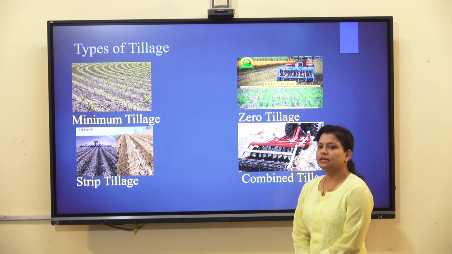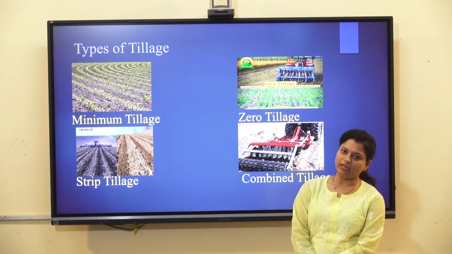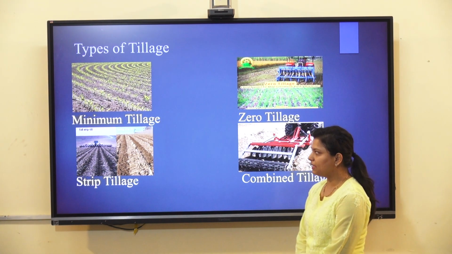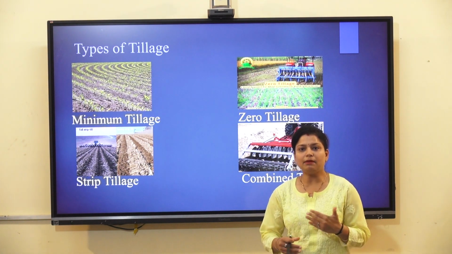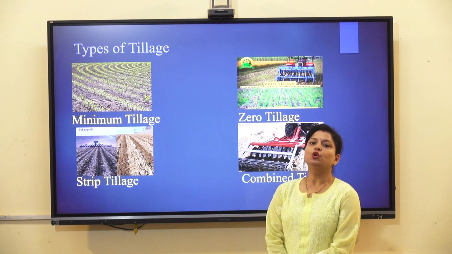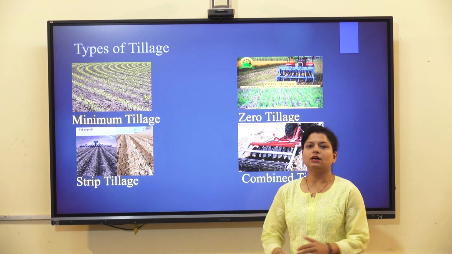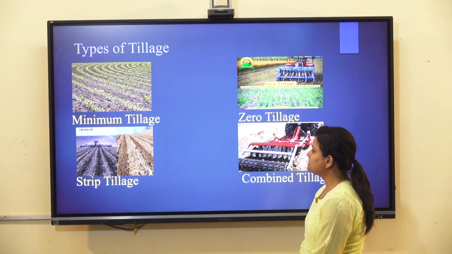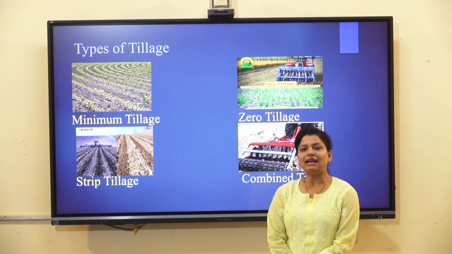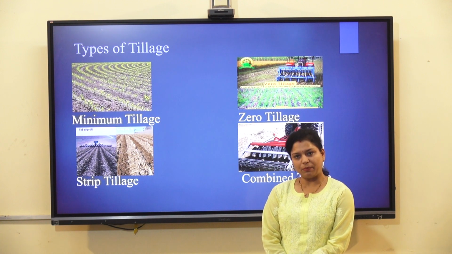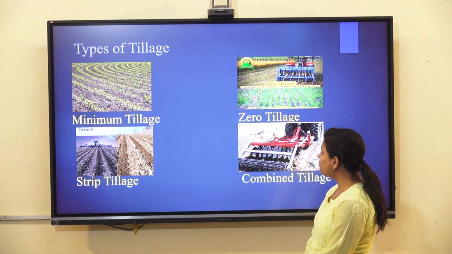Now, next is types of tillage. Basically, there are four types of tillage. First one is minimum tillage. In minimum tillage, there is minimum soil manipulation to meet the best field preparation. Next is strip tillage. In strip tillage, only isolated bands are tilled for field preparation. Next is zero tillage.